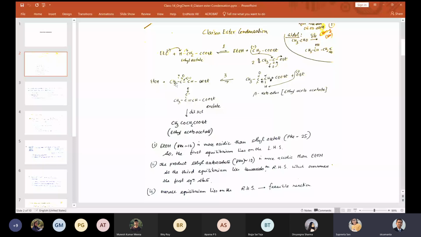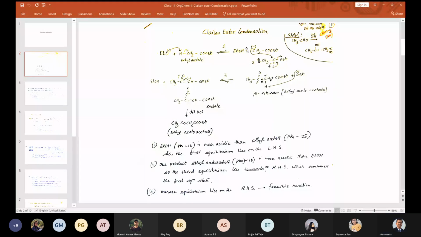So what does it mean when we say 3 overcomes 1? Imagine microscopic reversibility, meaning at the molecular level, every reaction is somewhat reversible.